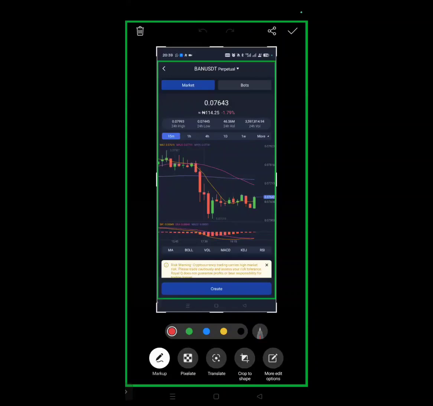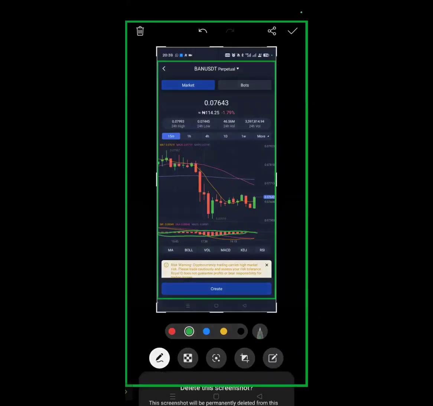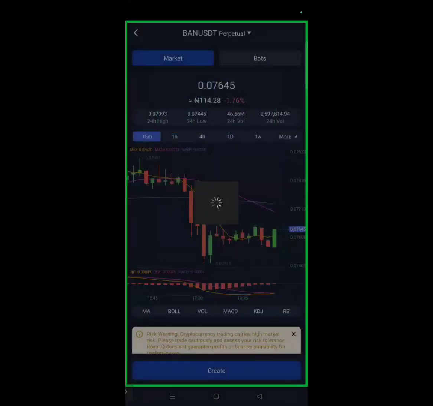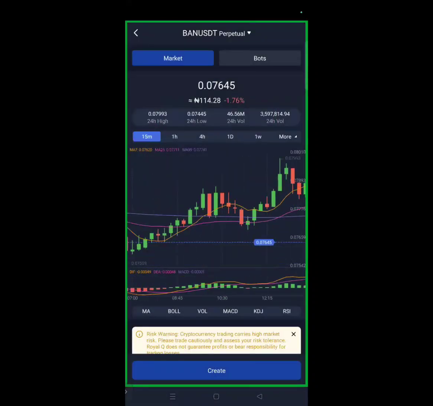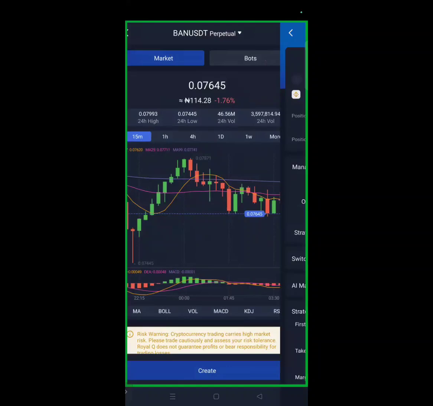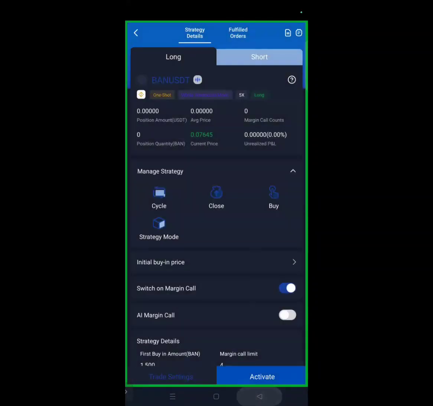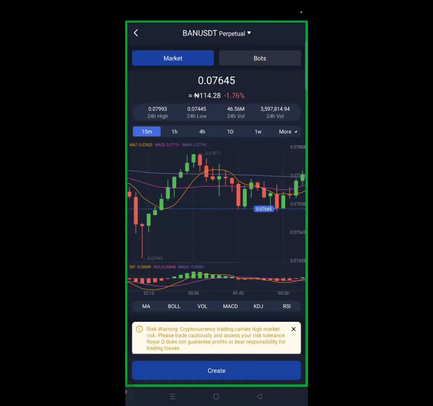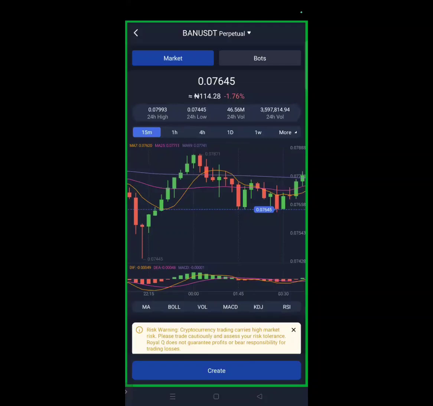Okay, so what we have here is what we call the histogram. These are what we call histogram, the one that looks like a graph. Let me find my pencil.